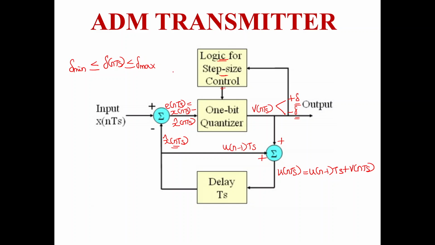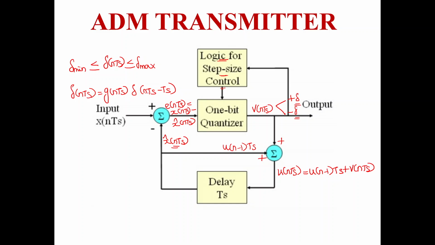Del max is the upper limit which controls the slope overload distortion, whereas del min is the lower limit which controls the channel noise. The del of nTs is written by applying an adaptation rule. Since it is going to adapt as per x of t, it is written as g of nTs into del of nTs minus Ts.